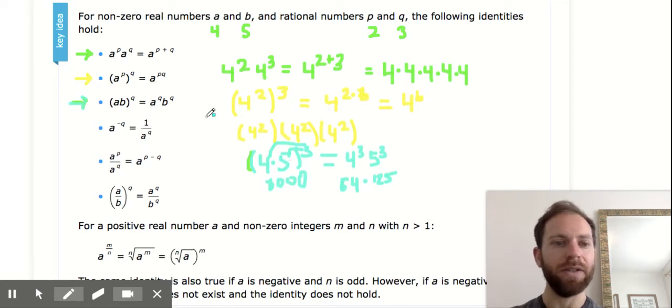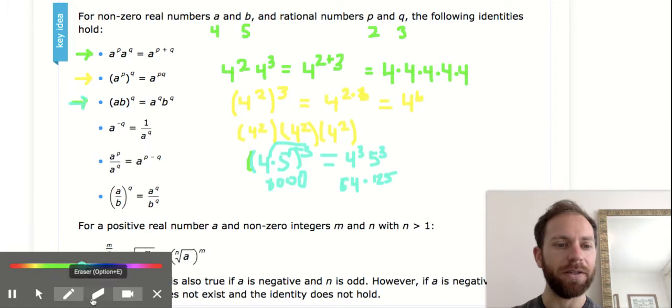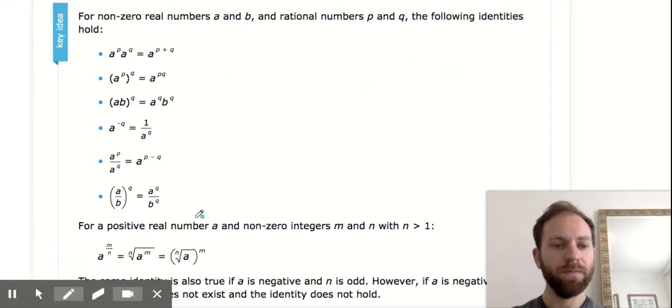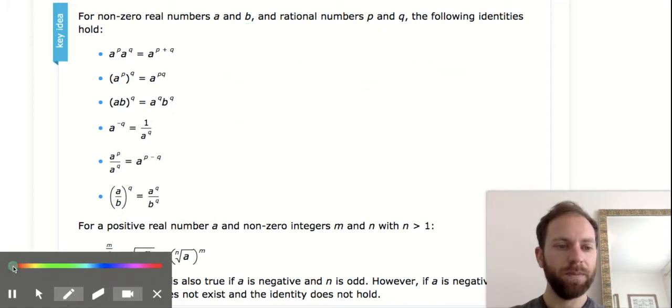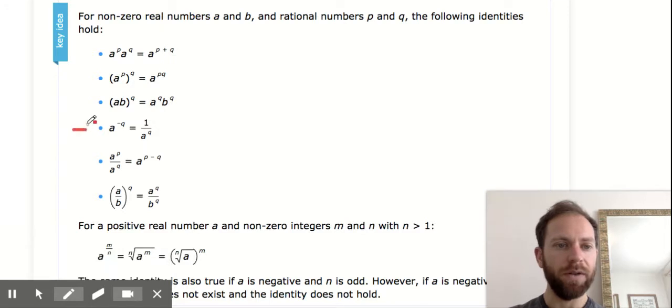Now let's clear this, and then let's talk about the last 3 identities. This identity is telling us A to the negative Q power, or, let's see, we had 4 and we said this was 5, this was 2, and this was 3.